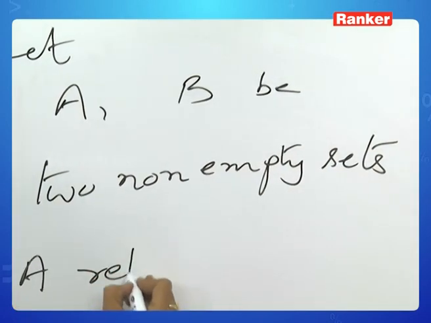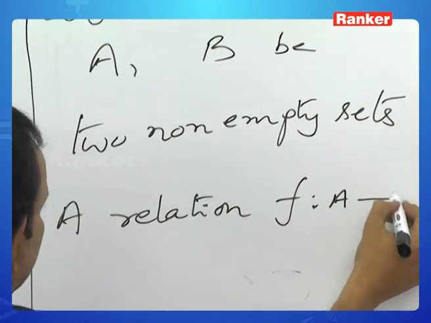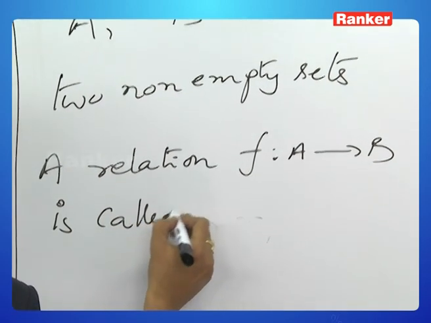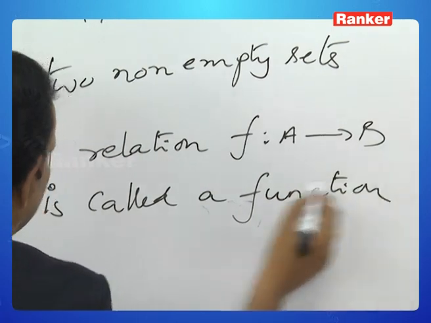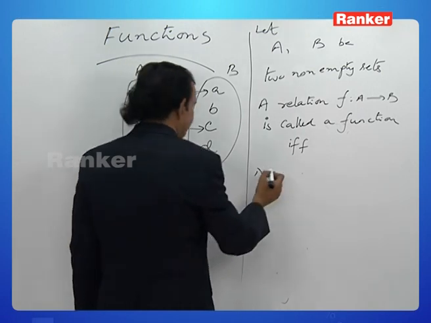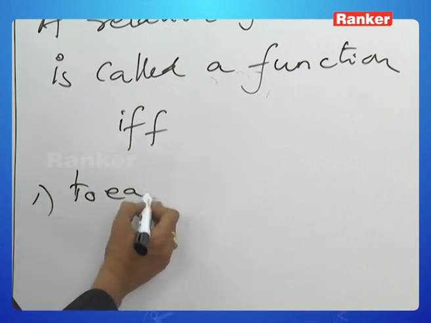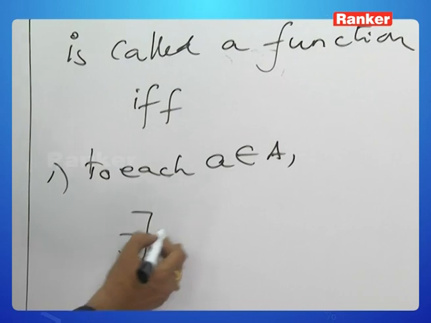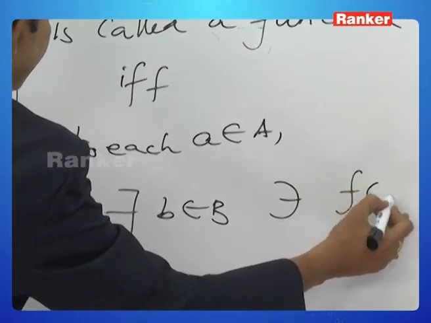A relation F from A to B is called a function if, number 1, the first rule to be satisfied is: to each a belongs to A, there is b belongs to B such that F of a is equal to b.